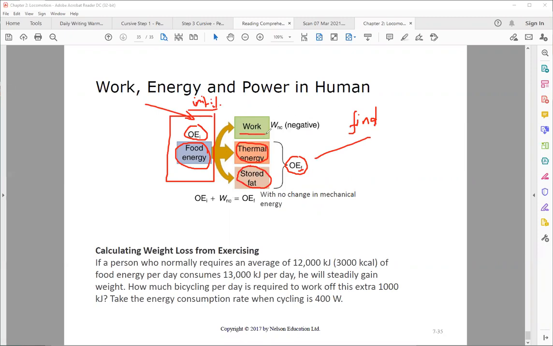Now, this work here, we call WNC, a non-conservative work. We're saying it is negative. Why is that? Because in this case, the work is done by the system. It's by the human body.